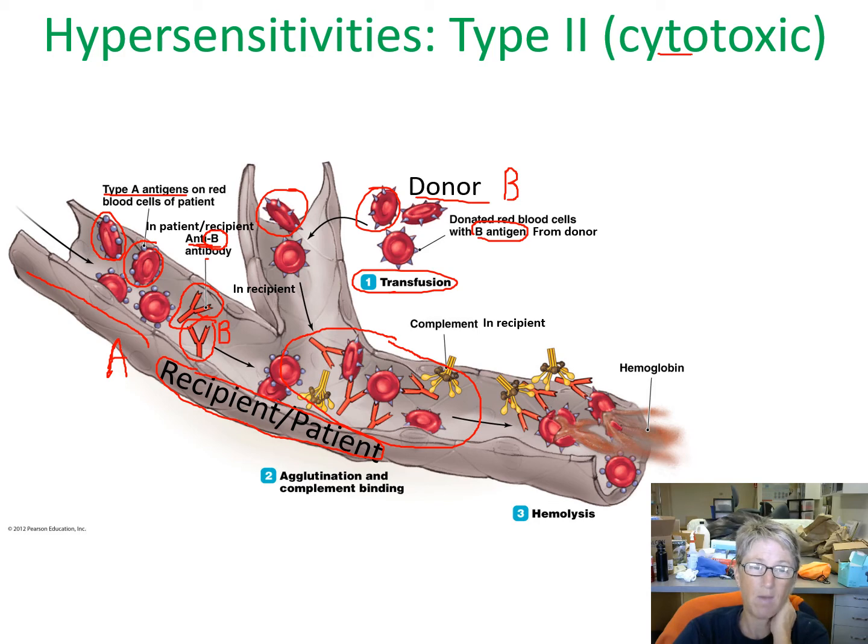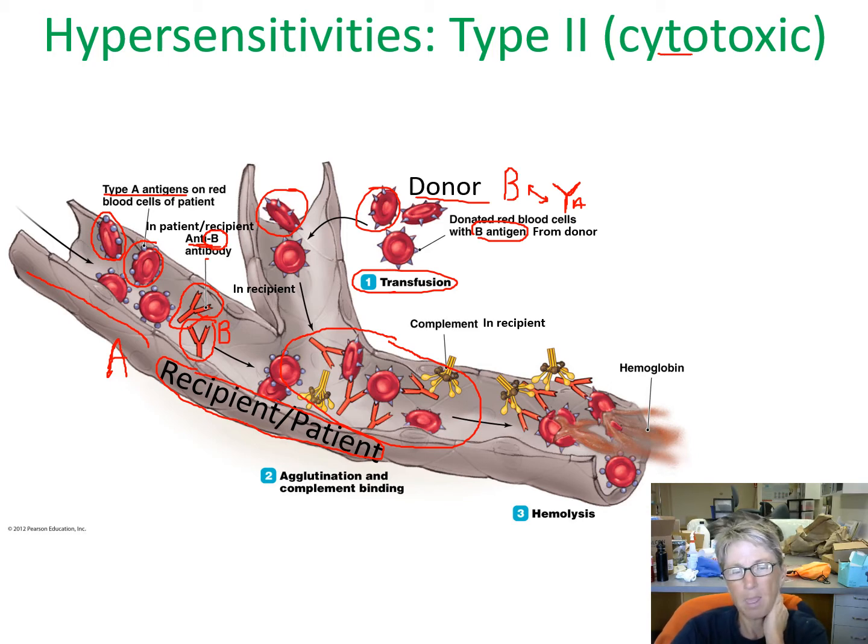That means you have A antibodies in your blood. So I just put here's a picture of an antibody. Here's the letter A. So if you have B blood, that means B antigens on your red blood cells, and you have A antibodies in your blood.